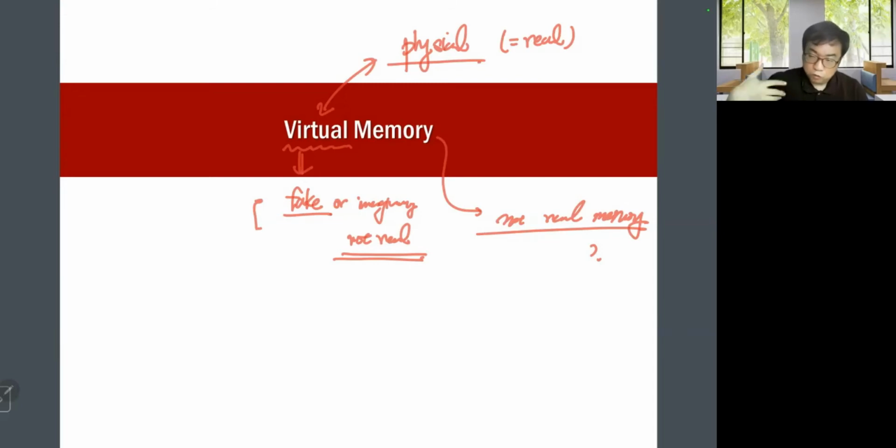We use DRAM memories for the main memory of the computer system. Also, we can use hard disk drives or solid state drives, which means we can use magnetic disks or flash memories as the media of the disk, HDD or SSD. These are real memory.